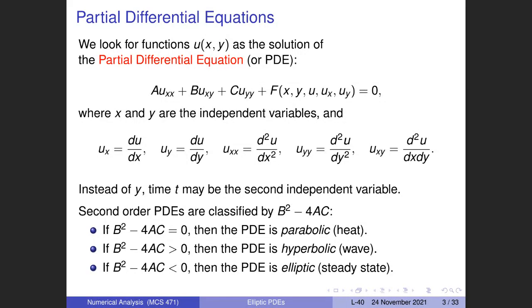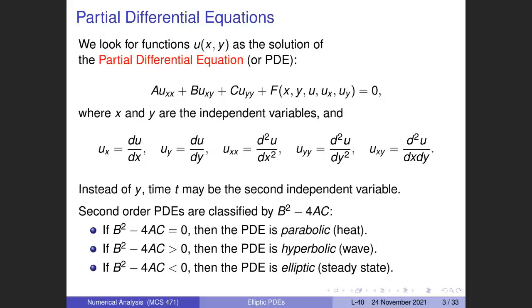The capital F function includes the 2 independent variables, x and y, as well as the unknown function u and the first partial derivatives with respect to x and y. The previous 2 equations we considered, the heat and the wave equation, included time as the second variable. Here, y will be a proper independent variable, so time will not play a role.